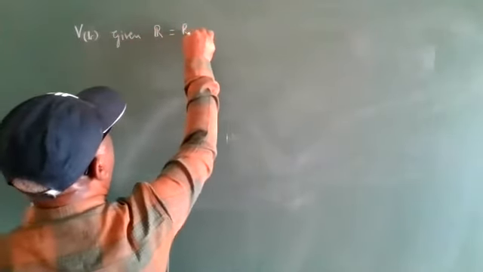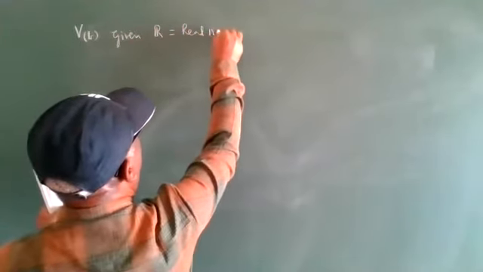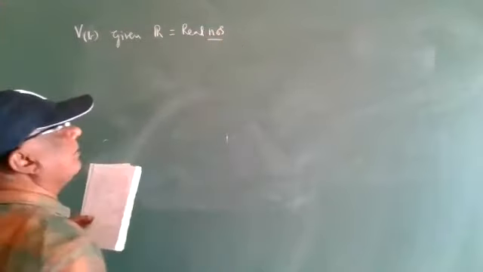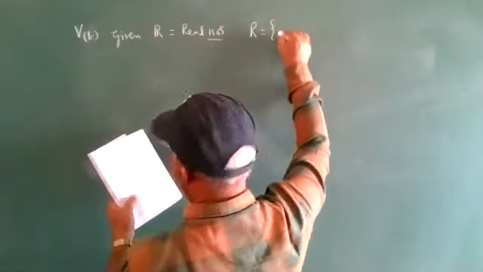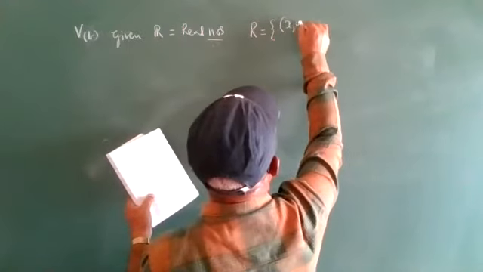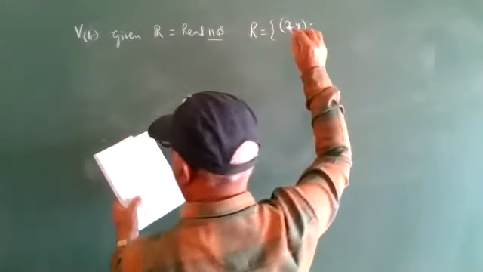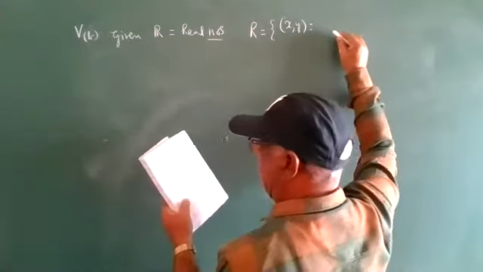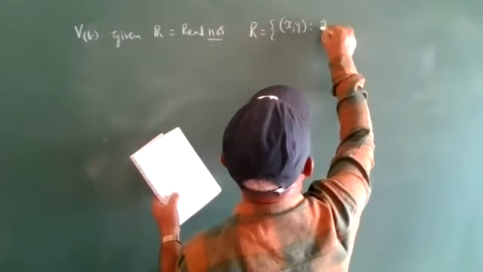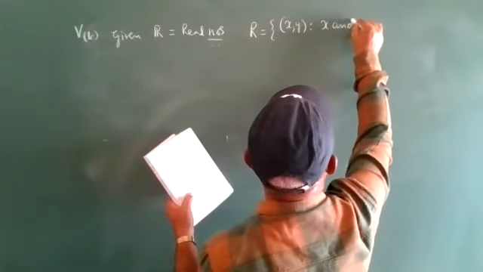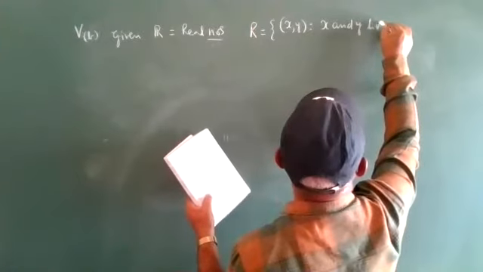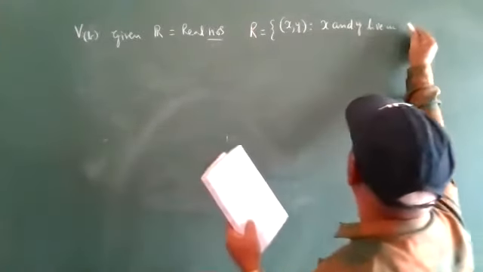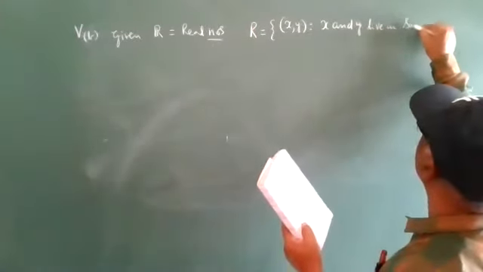R is a relation on the real numbers set. The relation is defined as ordered pairs (x, y) such that x and y live in the same locality.